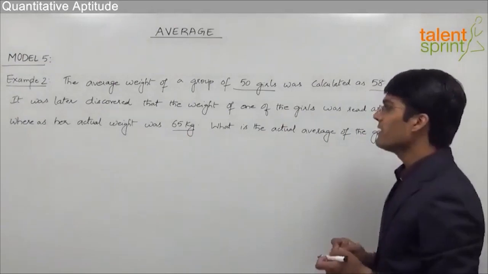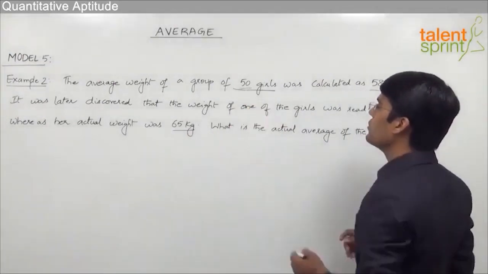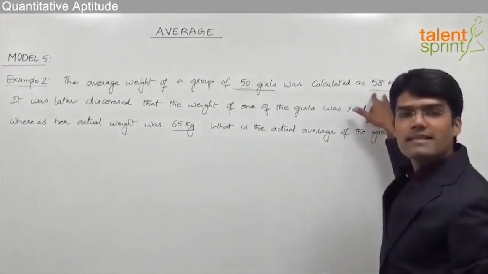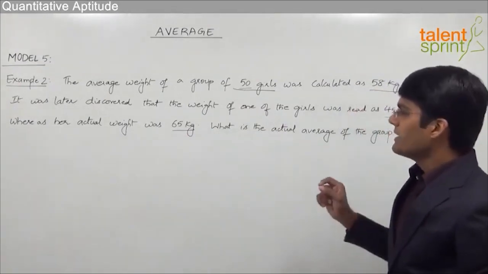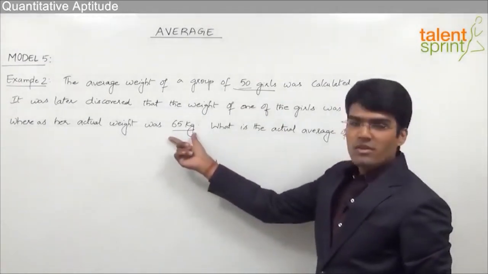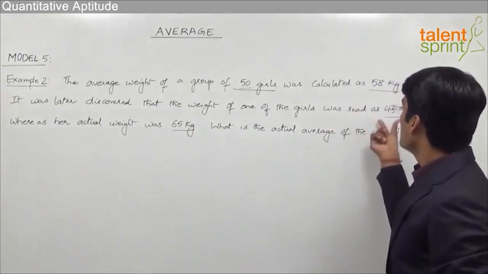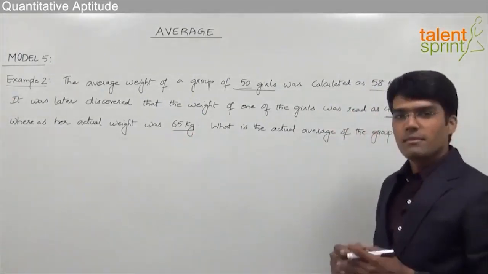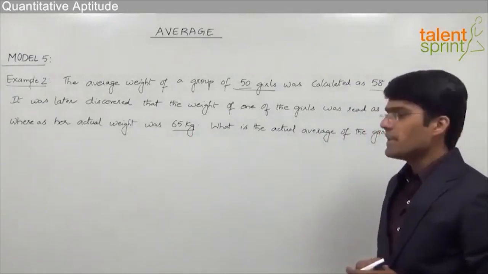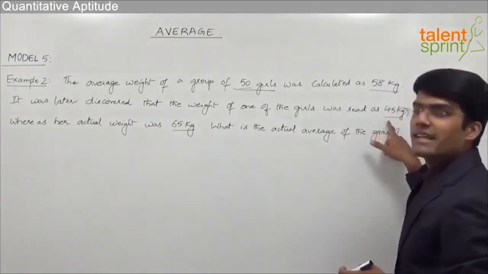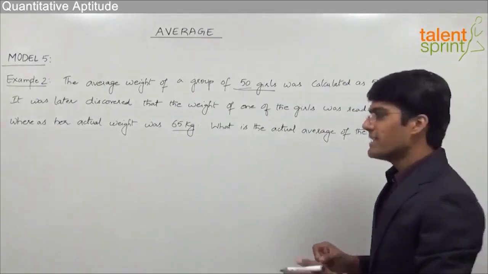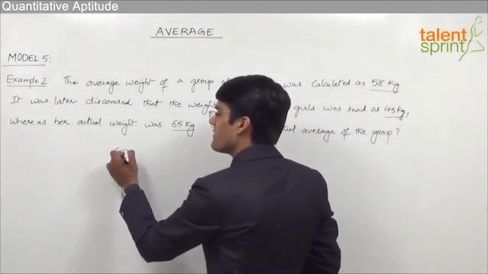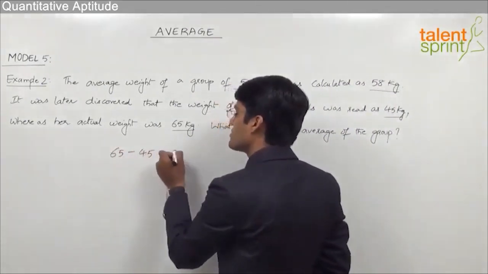So as you can see here, there are total 50 girls in the group and their average was calculated as 58 kgs. But later it was found that for one of the girls whose weight was 65 kg, the reading was taken as 45. That means while finding out the average, weight of one of the girls was taken as 45 instead of 65. So we can see that the difference of 45 and 65 here is 20 kgs.